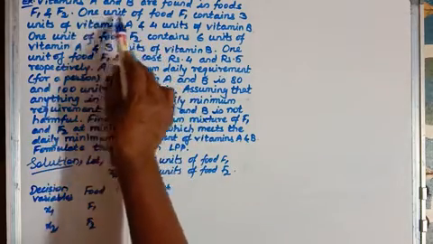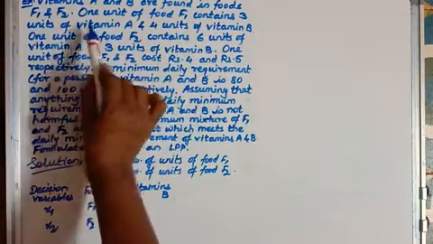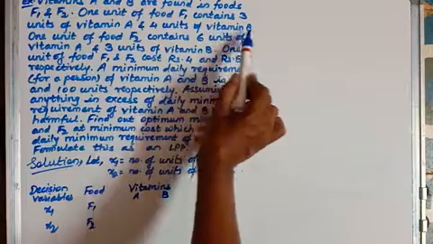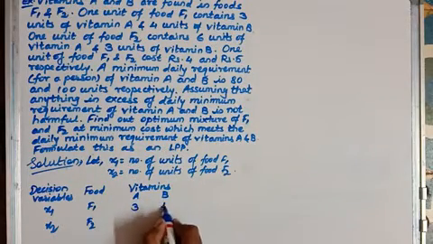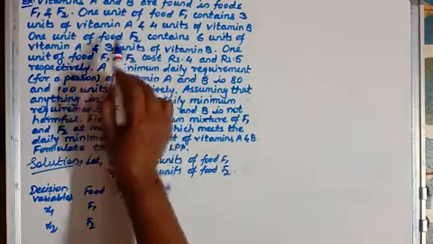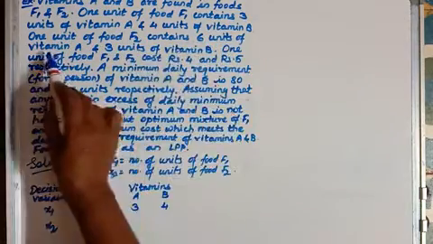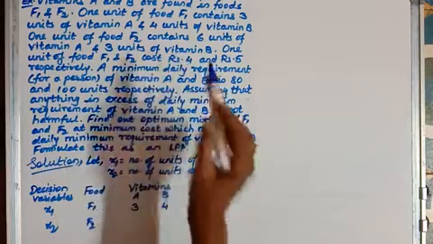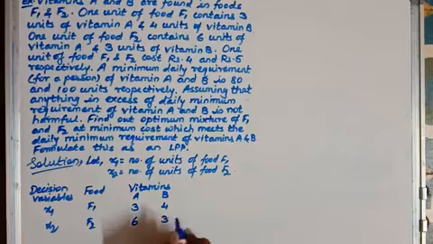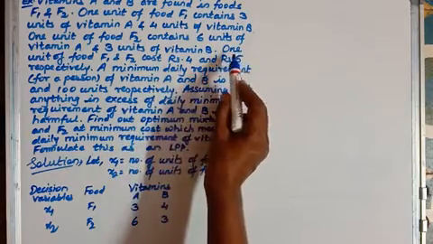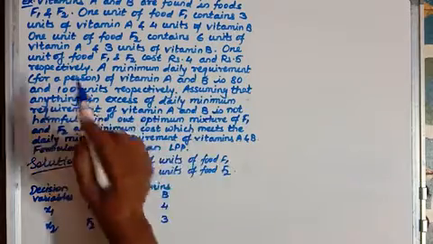Clearly it is given that 1 unit of food F1 contains 3 units of vitamin A and 4 of vitamin B. Similarly, 1 unit of food F2 contains 6 units of vitamin A and 3 units of vitamin B. Now 1 unit of food F1 and F2 costs rupees 4 and rupees 5 respectively.